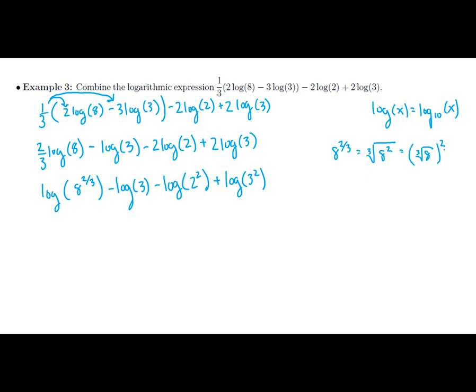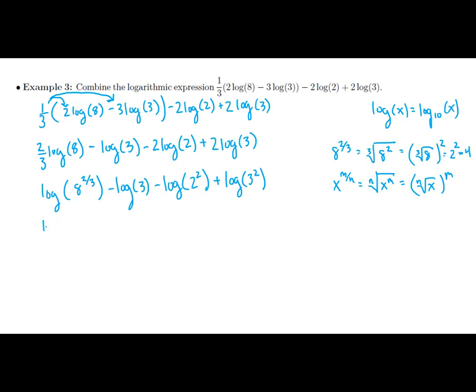So you can write this either way, because generally x to the m over n is the nth root of x to the m, or if you'd prefer, you could just take the nth root of x and then raise that to the m power. So if we look at this one, the cube root of 8 is 2, because 2 times 2 times 2 is 8, and then of course 2 squared is 4.